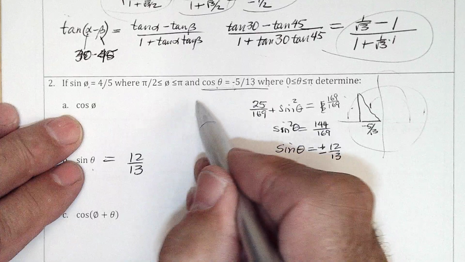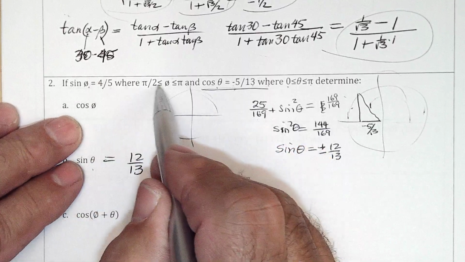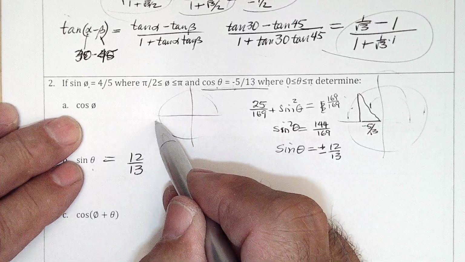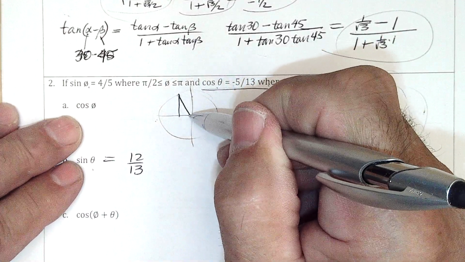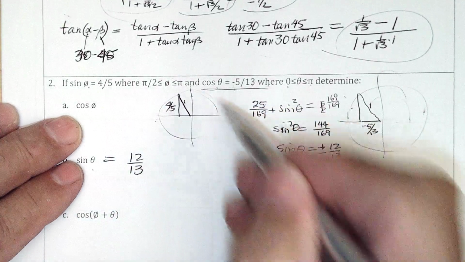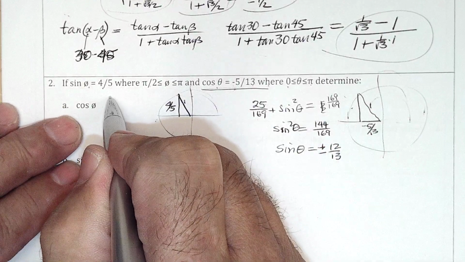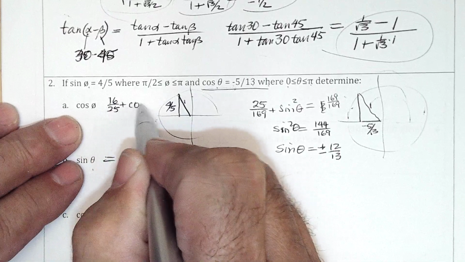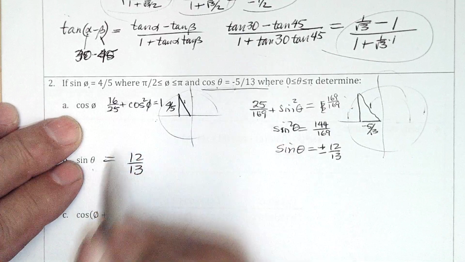Let's go back and do this one that I skipped. So the sine is positive 4/5, somewhere between here and pi. So here, the sine is 4/5 and the hypotenuse is 1. So that's 16/25 plus cosine phi squared is 1 squared.